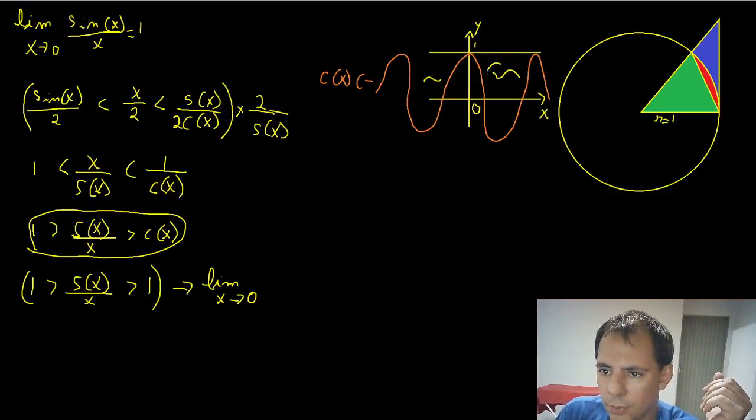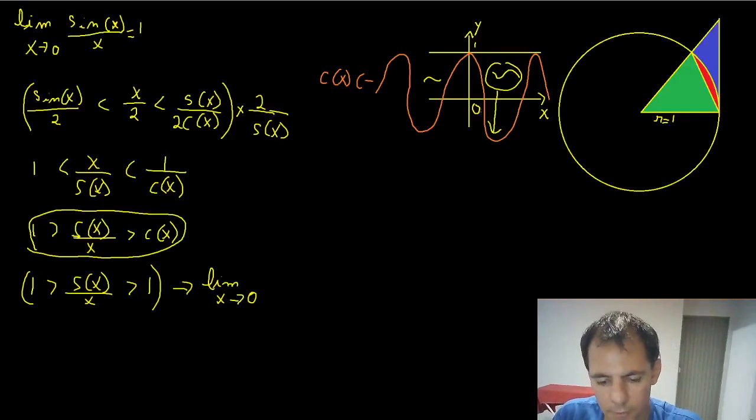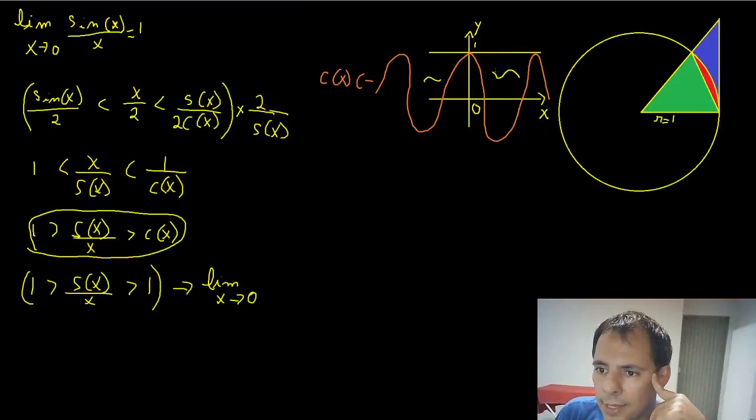So this function right here is going to be on top of this one, okay? And this function has to be below this one. So you see that as it gets closer to x equals 0, this function right here, it doesn't matter what it does, it can do crazy stuff in here.